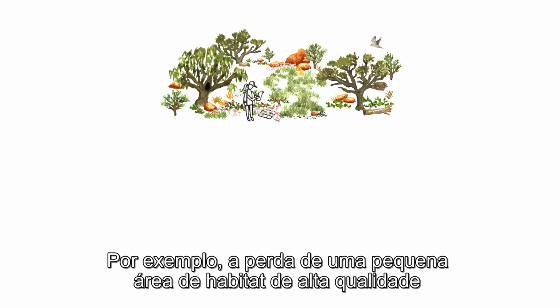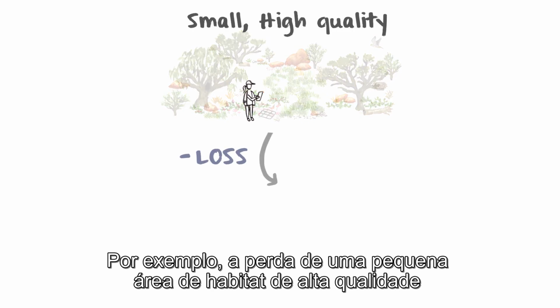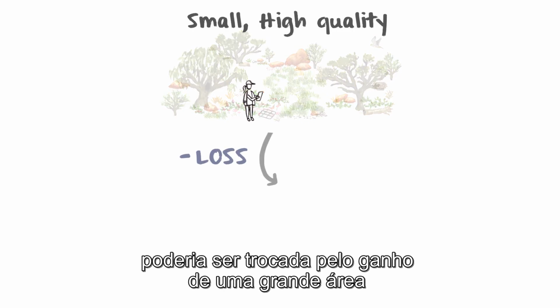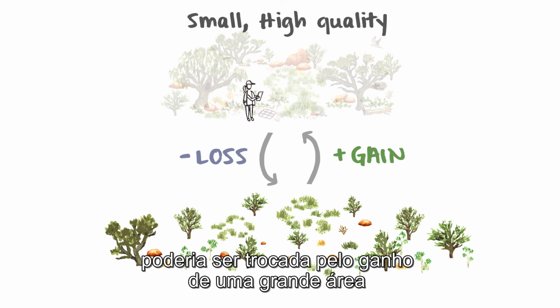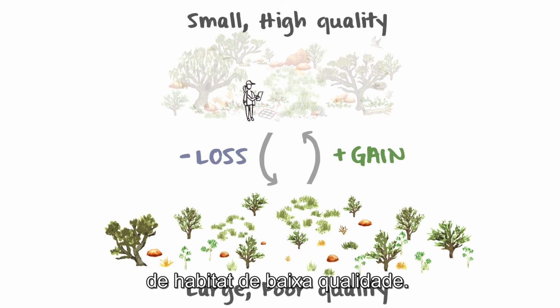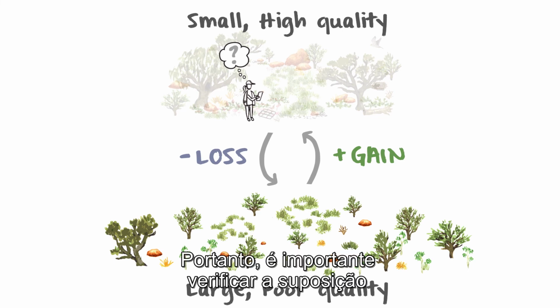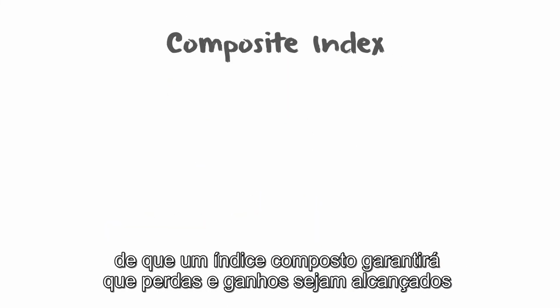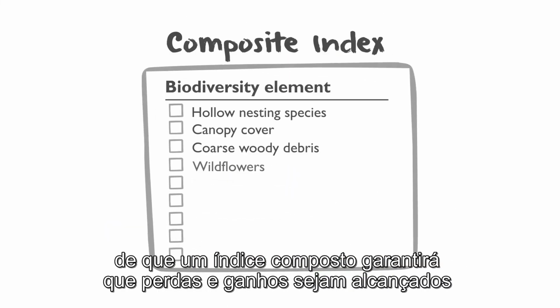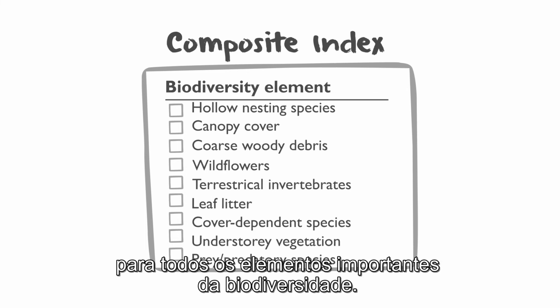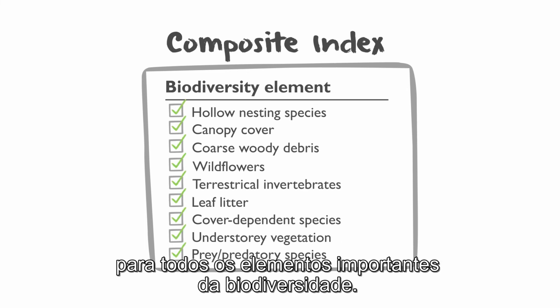For example, a loss of a small area of high quality habitat could be exchanged for a gain of a large area but of poor quality habitat. This is unlikely to be considered acceptable, and we will cover this in the video on exchange rules. So it is important to check the assumption that a composite index will ensure that losses and gains are achieved for all important elements of biodiversity.